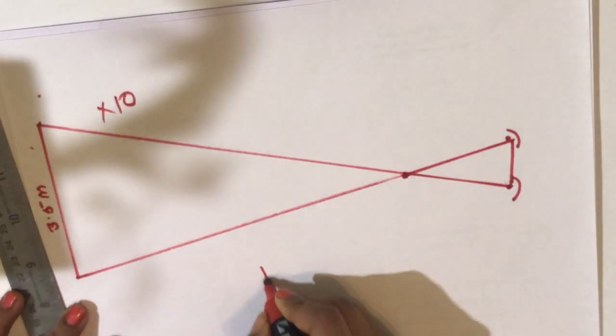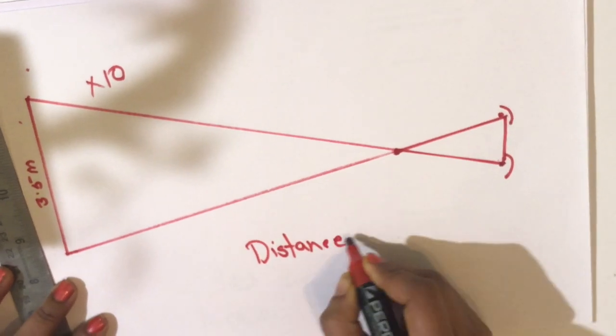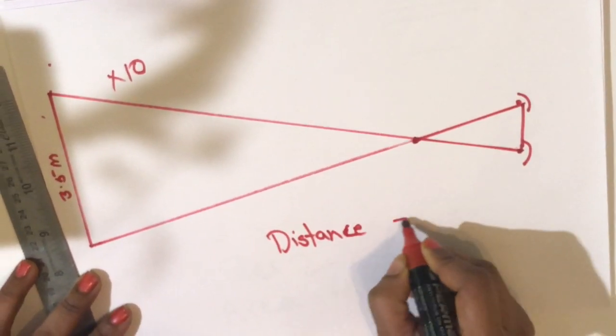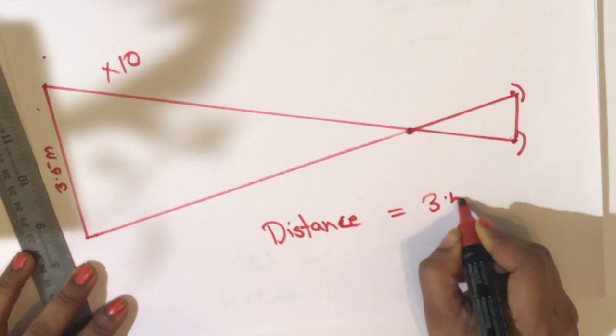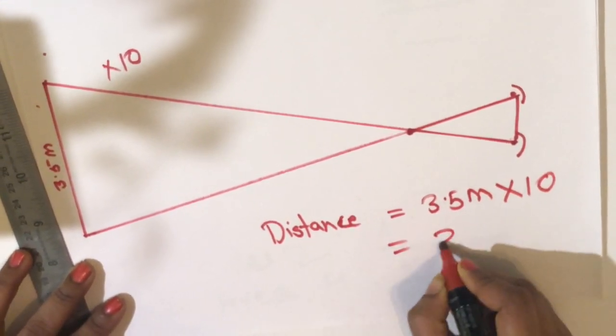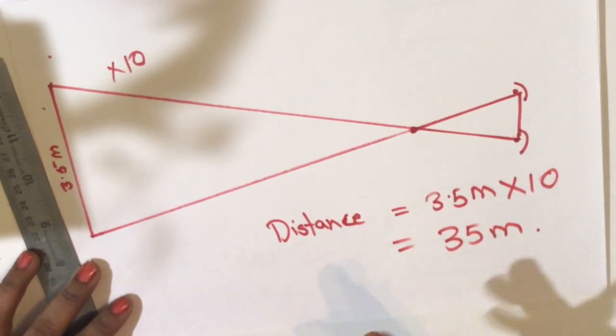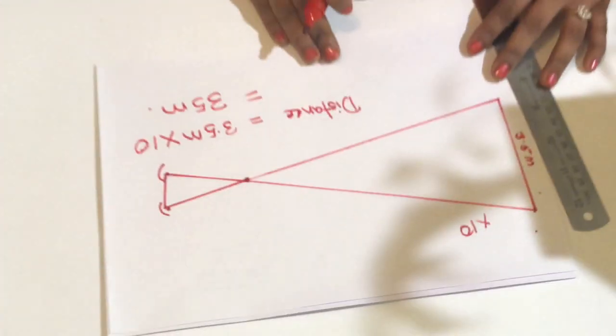So the distance is equal to 3.5 meters multiplied by 10, that is 35 meters. So this is how we can actually estimate the distance of ourselves from the car or any other object.